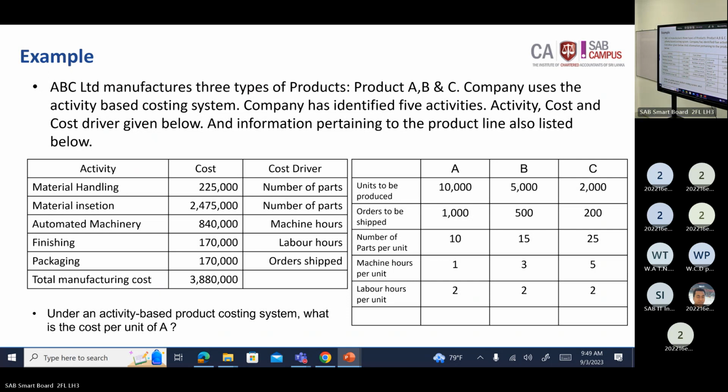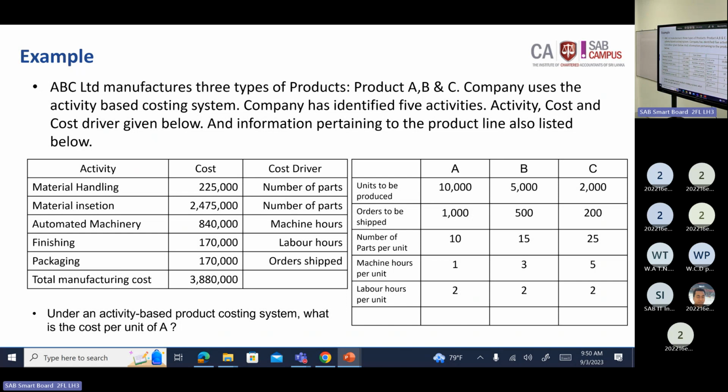Material inspection, cost driver 2,475,000.